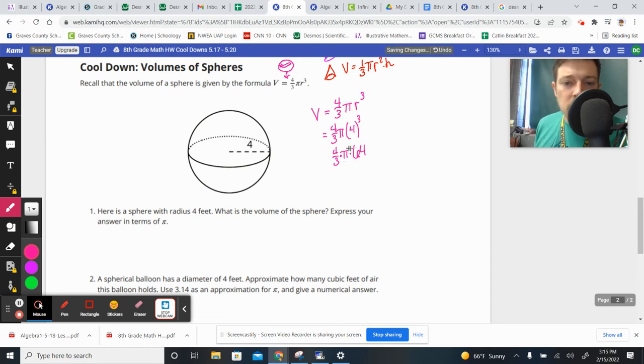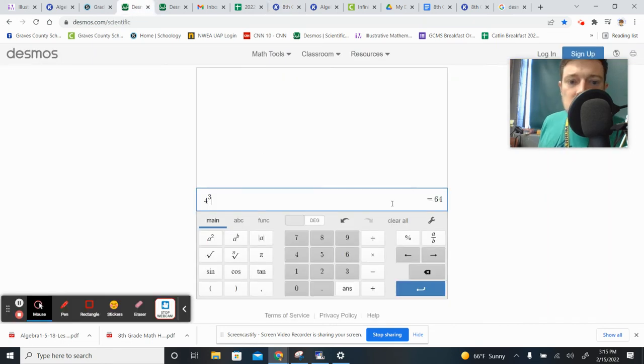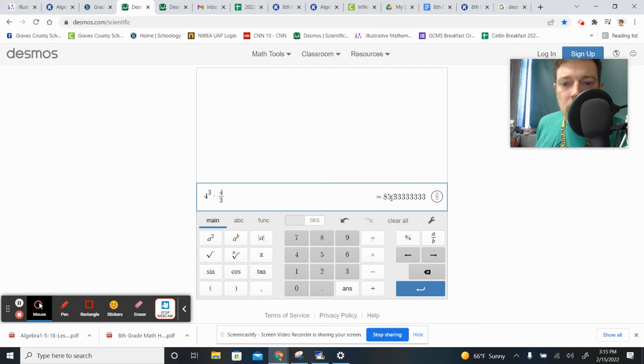Now, we're leaving pi there, so we really just want to do 4/3 times 64. So I've already got 64 on my screen. I'm just going to take that and multiply it by the 4/3. So divide by 3, and that gives me our answer, which is going to be 85.3 repeating. If you don't like the decimal version there, you want to leave it as a fraction, you can convert it to 256/3. I'm really cool either way.